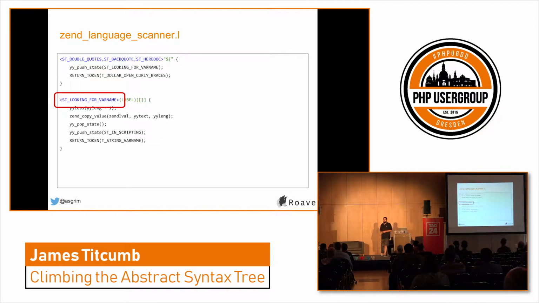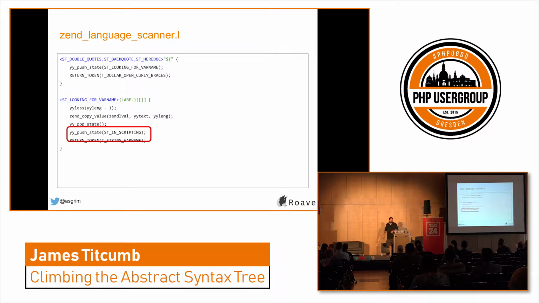The second part is the other side of that. We're currently in the looking-for-variable-name state, so we're expecting a certain string. We're looking for a label, which is a shorthand definition, followed by a curly brace. That makes sense. Then we change the state back into scripting. This part here copies the value, which is the name of the variable.